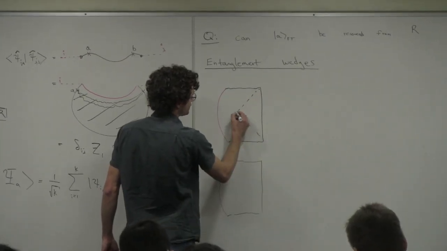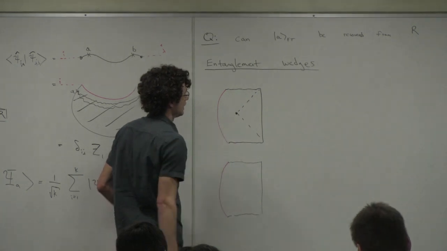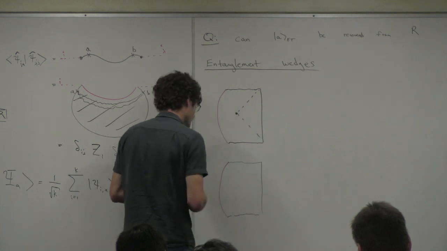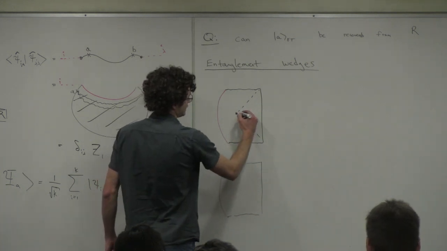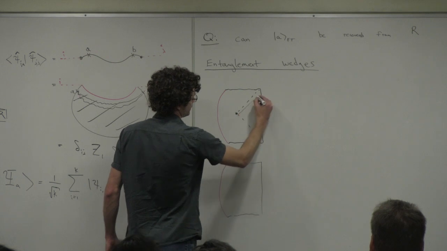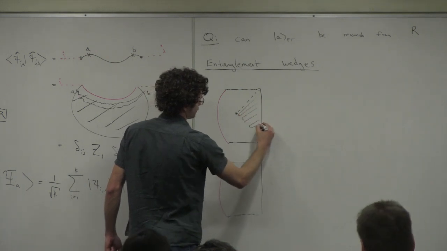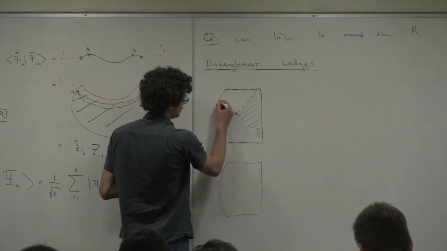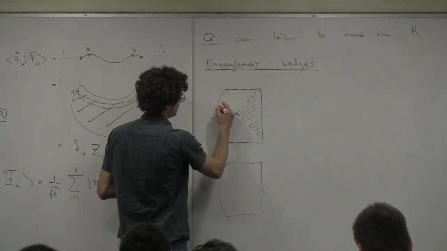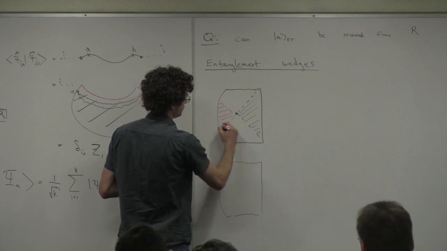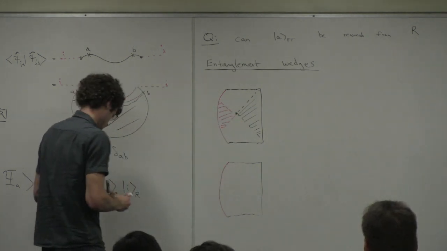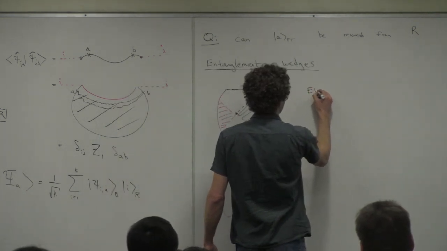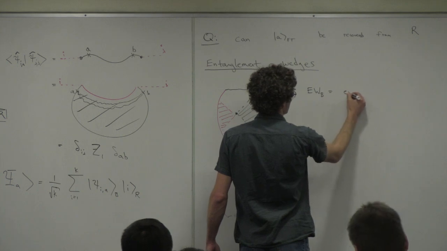One familiar choice is this extremal surface at the bifurcation surface of the two horizons. And in that case, there are two entanglement wedges. The entanglement wedge of the boundary is this region here. And the entanglement wedge of the complement, the R system, is this region here. So in this case, the entanglement wedge of B is equal to the region outside the black hole.